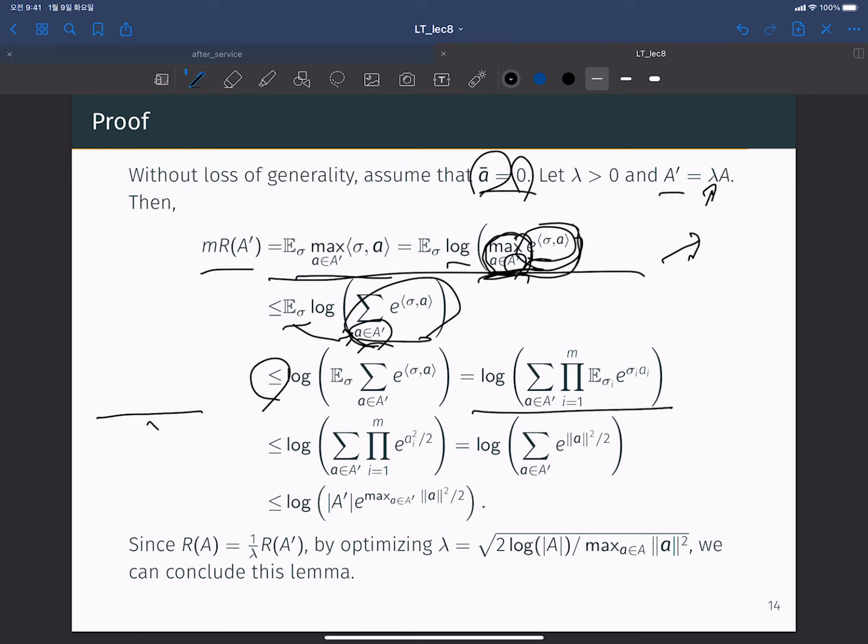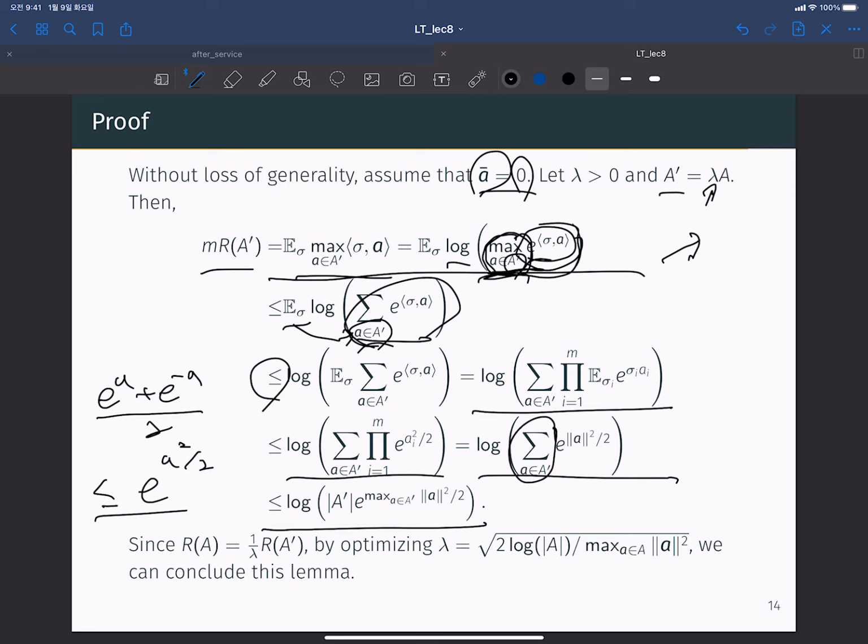Here we use this trick: exponential a plus exponential minus a is bounded by exponential a squared over 2. Using this inequality, we have this, and in the end, we have this. So again, the summation of the non-negative values is upper bounded by the cardinality times the max.